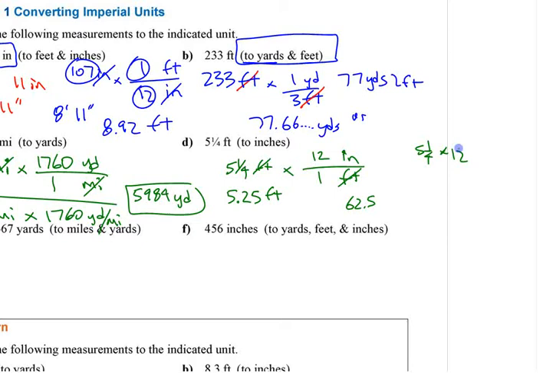Because you can just do 12 times 5, keep that separate, 5 1/4. Think, what's 5 times 12? 60. And what's 12 times 1/4? What's 1/4 of 12? 3. So it's just going to be 63, right? That's what it is. You can do things like that in your head sometimes just by splitting the number into a whole number and a decimal. 63 inches. Okay?